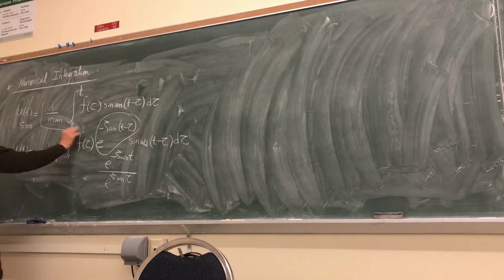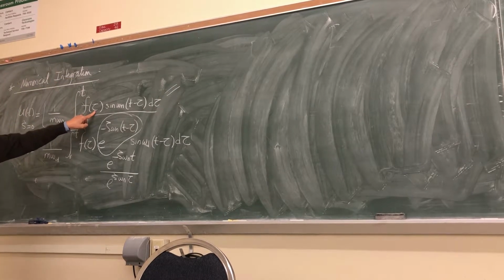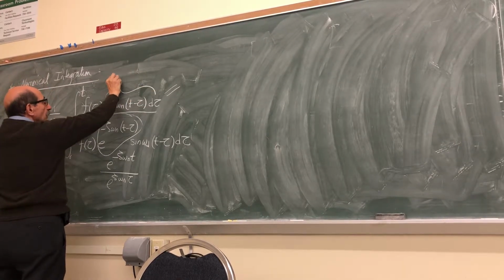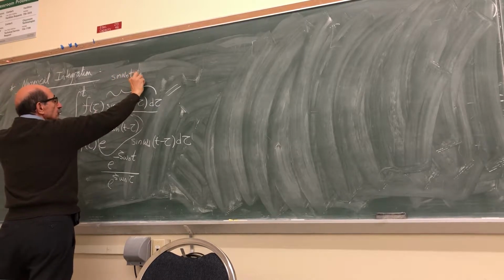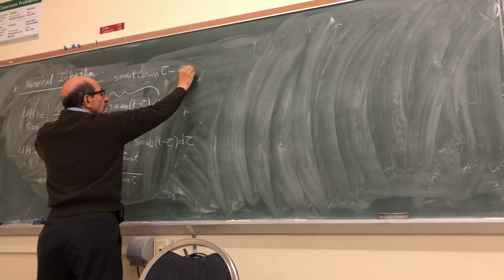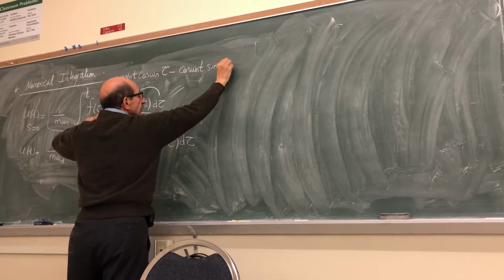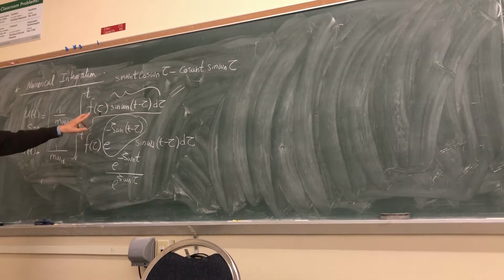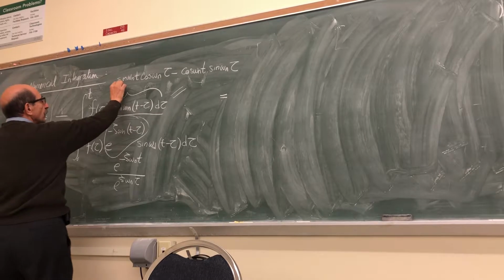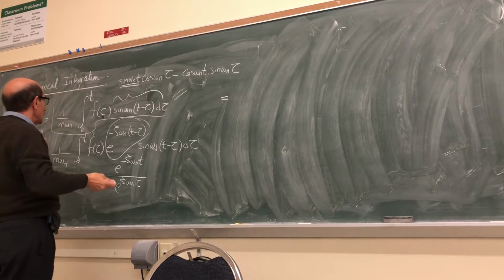Let's focus on this one. Since tau is a dummy variable, if you expand this term, you have sine omega n t cosine omega n tau minus cosine omega n t times sine omega n tau. So this can be written like this. Since sine omega n t is the constant and the variable is tau, take that out of the integral.